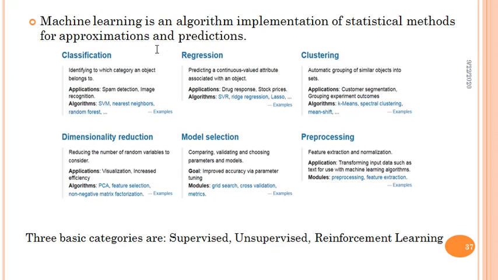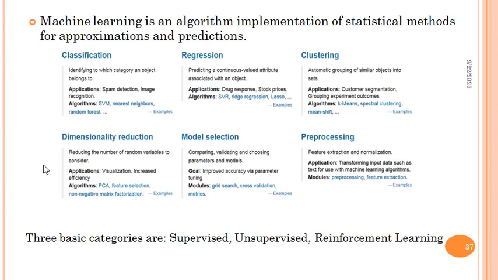Another thing is dimensionality reduction, right? Sometimes the dimension of the input data set is too high, and we need to reduce the dimension of the data, which is normally termed dimensionality reduction. It means to reduce the number of random variables to consider, because once we have reduced the dimension of the data, it is easier to process.